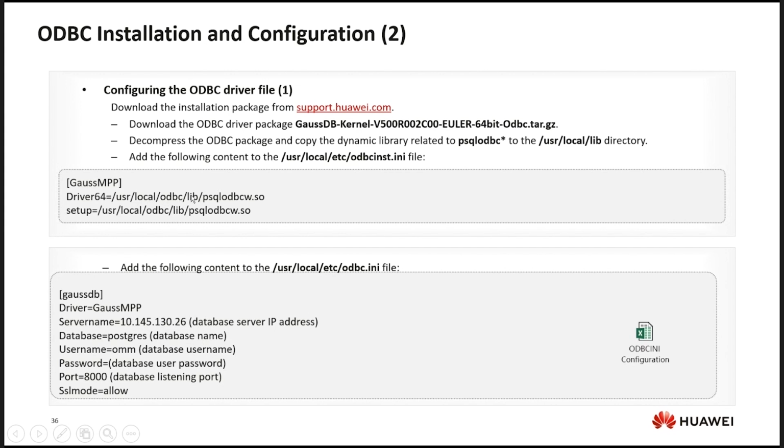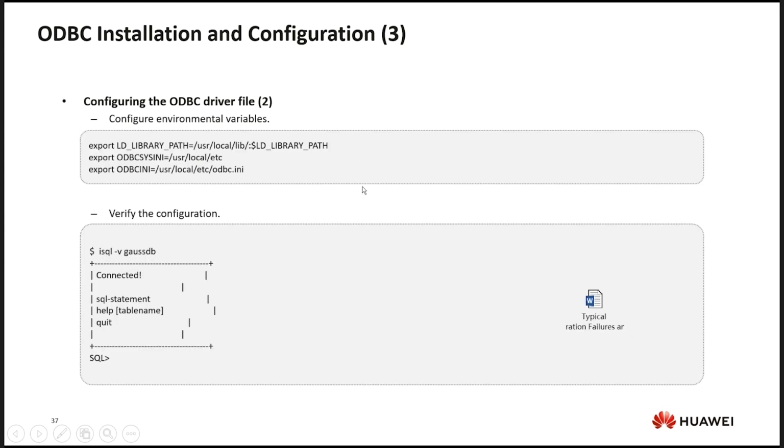Then configuration: you put some configuration in those files, odbcinst.ini and odbc.ini, those two files with those configurations. And finally, you need to configure environment variables like this. Then you can check whether your ODBC is installed or not.